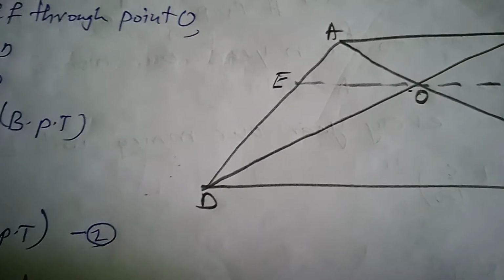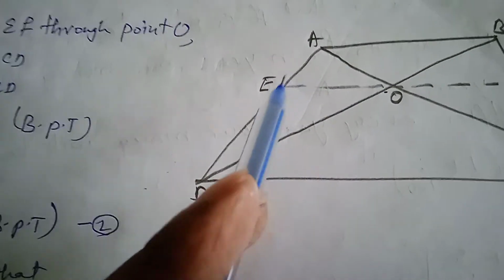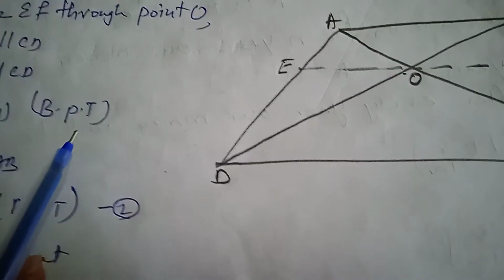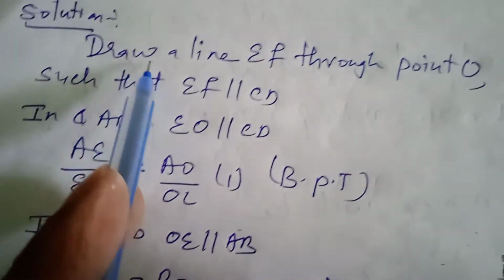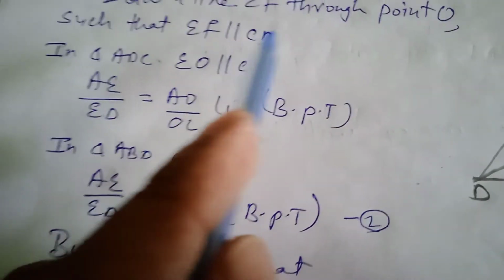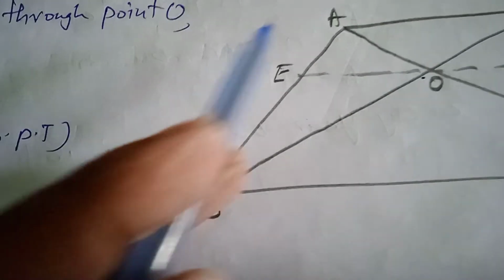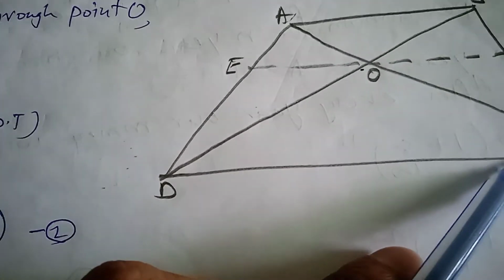To solve this, we have to draw line segment EF through O. So, draw a line EF through point O such that EF is parallel to CD. Now here we are getting triangle ADC.